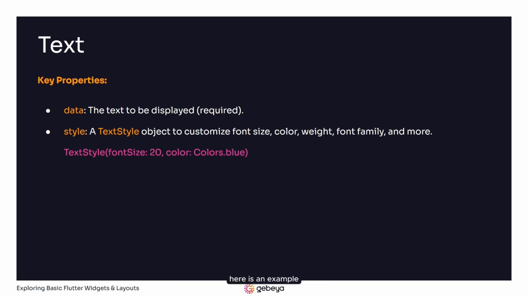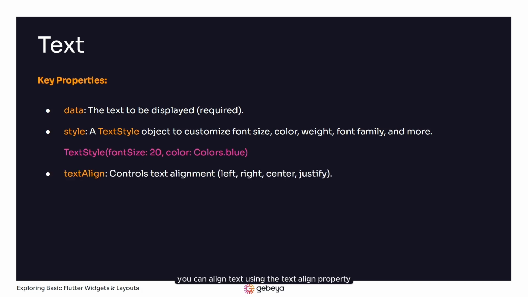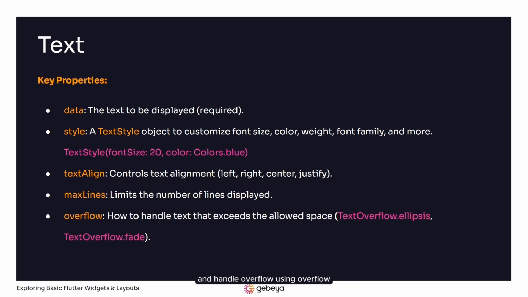Here is an example. You can align text using the textAlign property, limit the number of visible lines with maxLines, and handle overflow using overflow with options like TextOverflow.ellipsis to add an ellipsis when the text exceeds the available space.